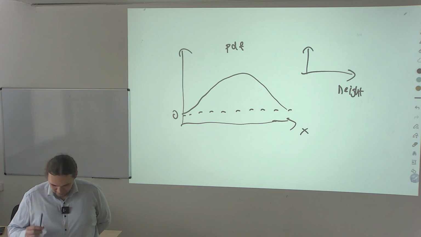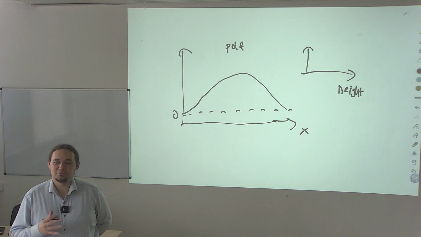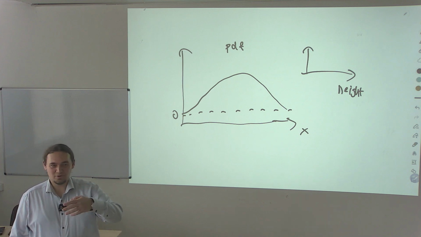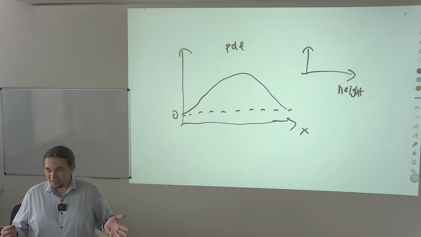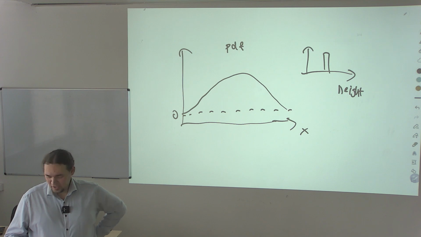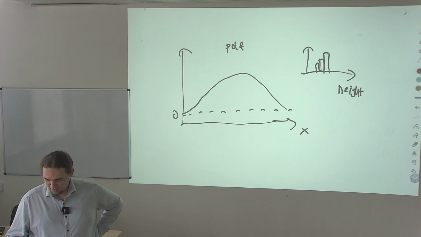Let's maybe just try, similar to throwing the dice. We can now take a ruler and try to measure the height of everybody in this room, and maybe we will get like 3 people are 185 centimeters, 2 people are 180 centimeters, another person is 170, and 1% is 190.